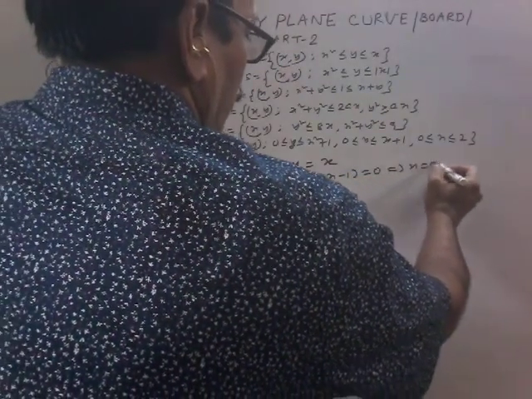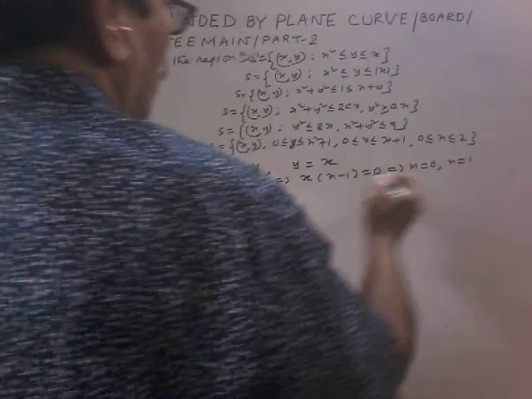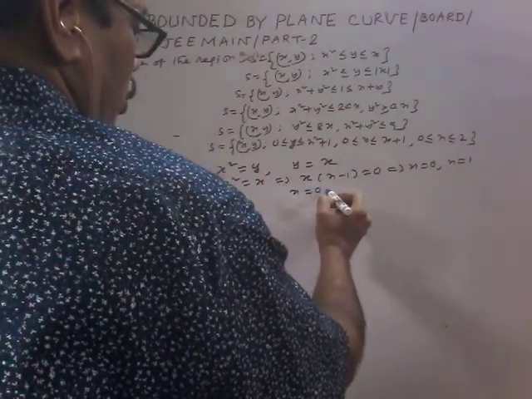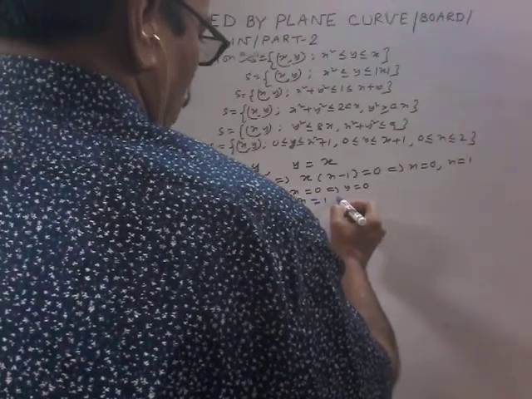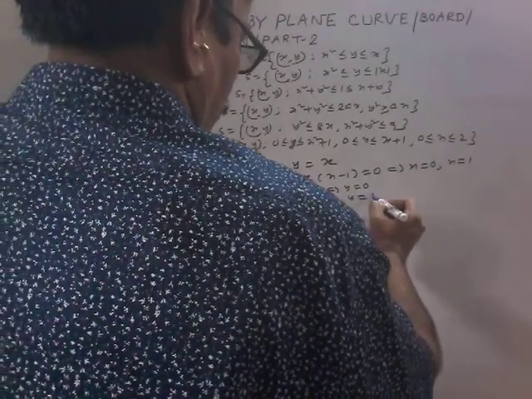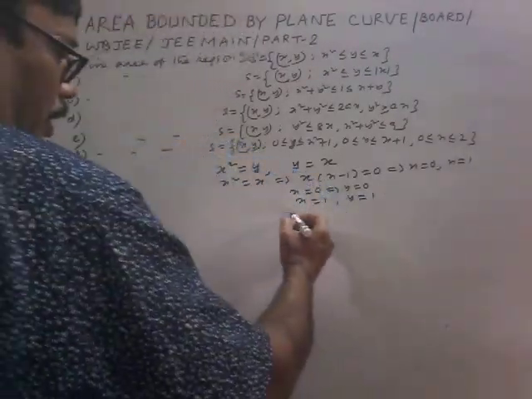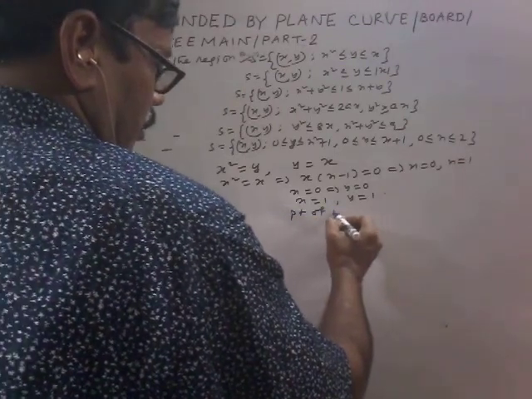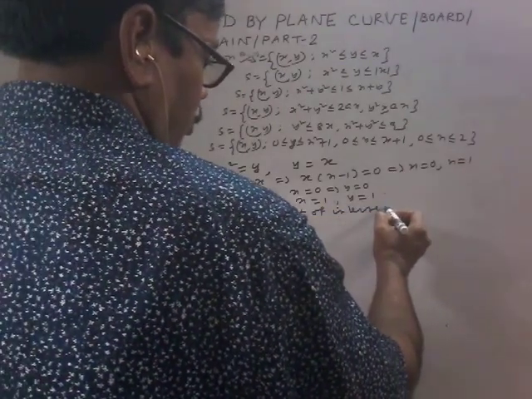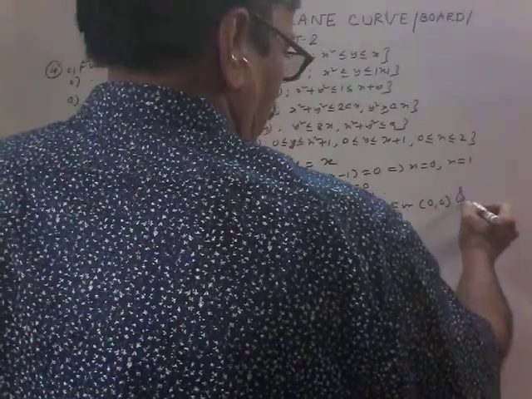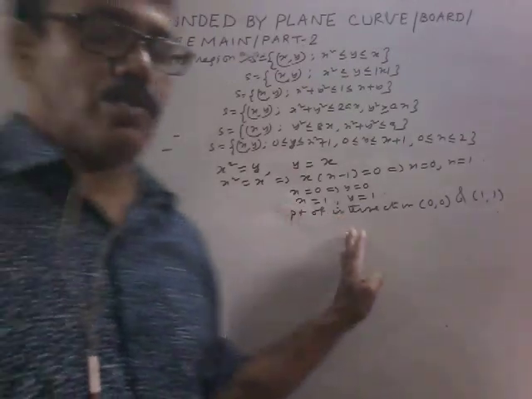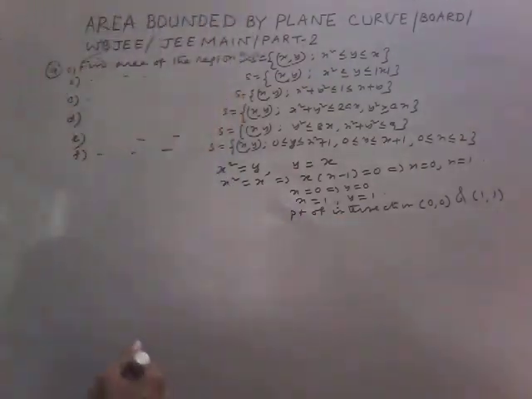So x equals 0, x equals 1. x equals 0 implies y equals 0, x equals 1 implies y equals 1. The points of intersection, we have already discussed, are (0, 0) and (1, 1).